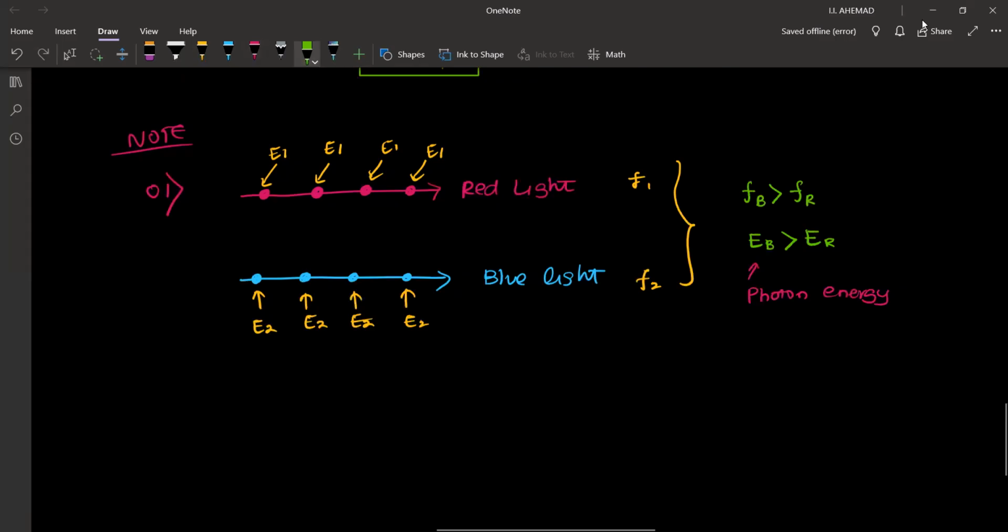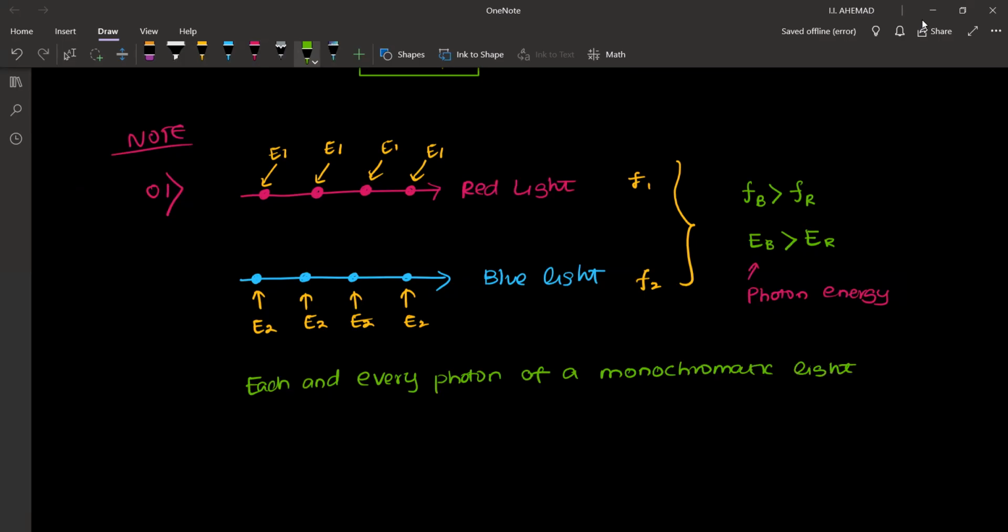So below we can write: each and every photon of a monochromatic light will have the same energy.